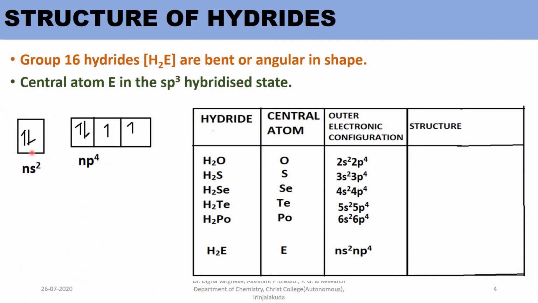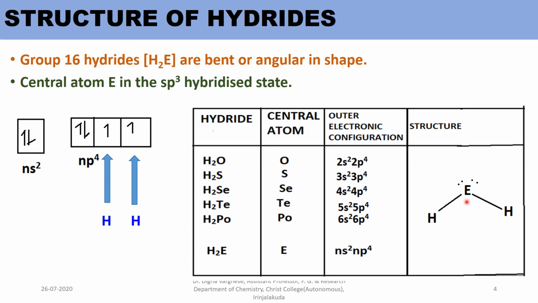The ns2 is in the filled state and np4 is in the partially filled state, in which two p orbitals are in the half filled state, to which the hydrogen 1s orbital overlaps to form covalent bonds with two hydrogen atoms, forming two covalent bonds.